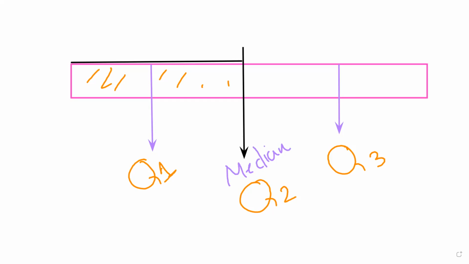So we call these quartiles. Q1 cuts the first half into 2 equal halves. Q2 cuts the whole bar into 2 equal parts, and Q3 cuts the second half into 2. These are the quartile points.